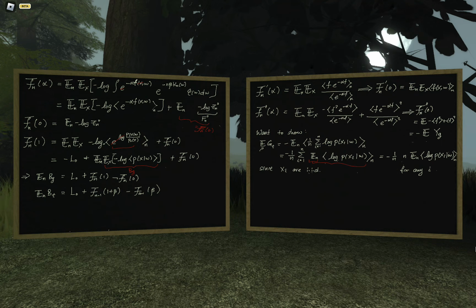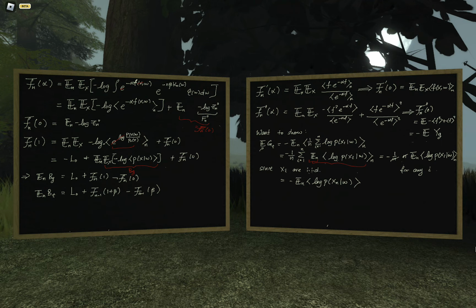You just get the same number times n, and the n cancels. So the whole thing is equal to negative En log p. And let me just choose an i. Let me just choose it to be xn there. Okay.